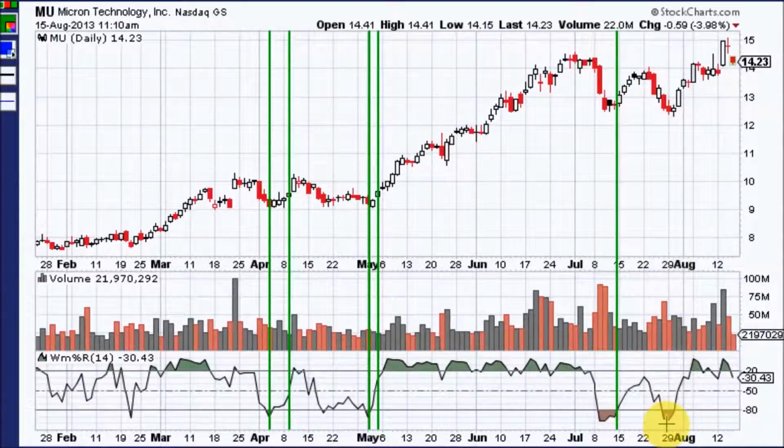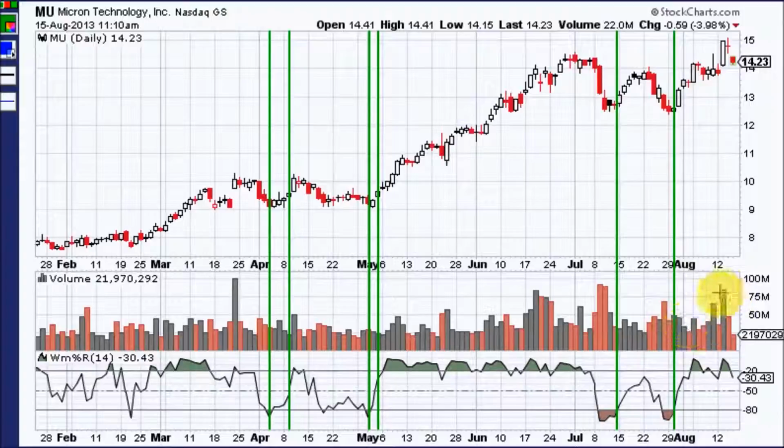Same thing here. It drops below minus 80, crosses back up through it. That's the beginning of another uptrend. Now remember, clearing the minus 50 line is very important, and when it did, it was just confirmation. So this is a nice double bottom chart pattern with the first low here, the second low here, and when it broke above neckline resistance right there, it closed on this day above it.